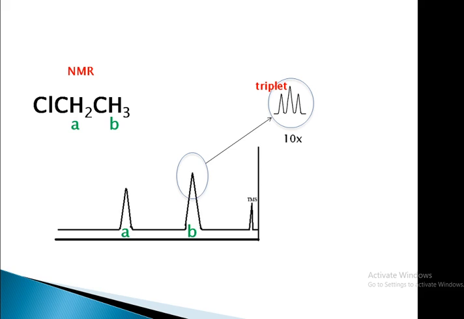Similarly, if you look at the A peak and zoom in 10 times, you will see four different peaks. That means the A peak has split into four different peaks, and these four peaks are known as a quartet.